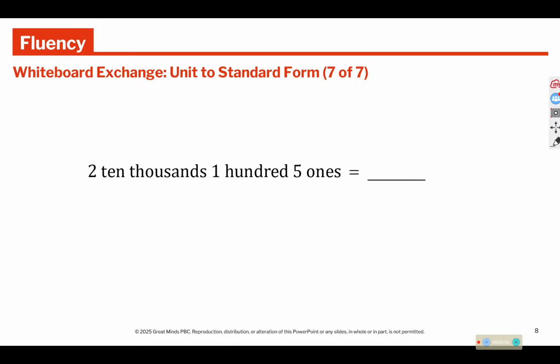Write it in standard form. Three, two, one.